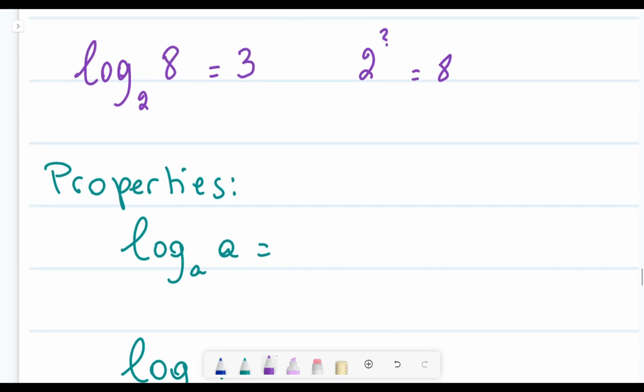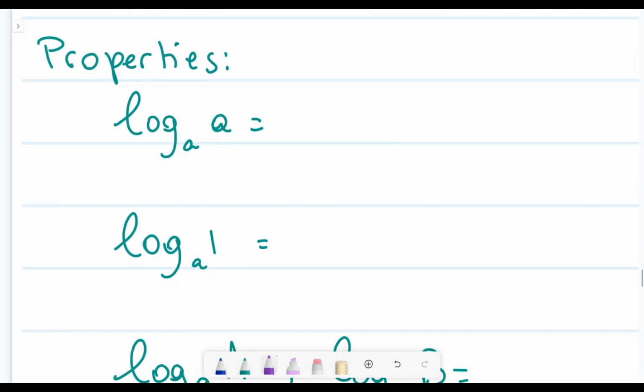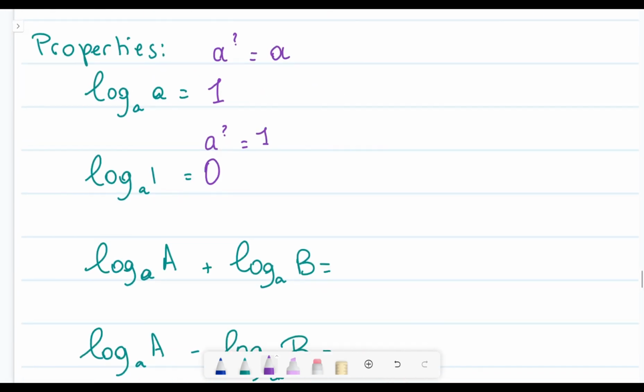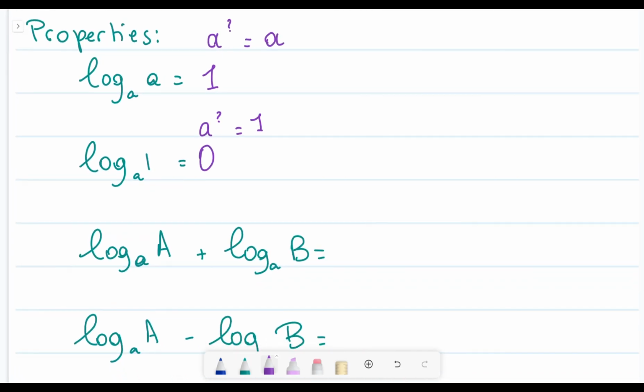So we'll use what I just told you in order to figure out some properties of logarithms. So log base a of a, we say to ourselves, a to the power of which number is a, and we know that this is 1. Log base a of 1, a to the power of which number is 1, and we know that any number to the power of 0 is 1. Now here are some other properties you should know.